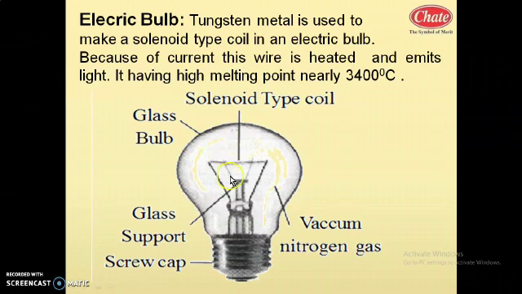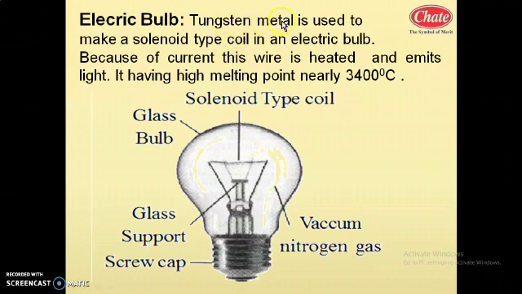So this is the diagram of a solenoid type electric bulb. Nowadays we use LED type bulbs, but earlier we used this type of filament electric bulb. The filament electric bulb works on the heating effect of electric current.